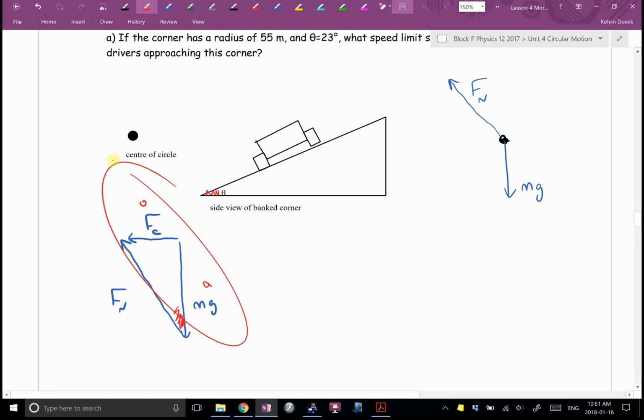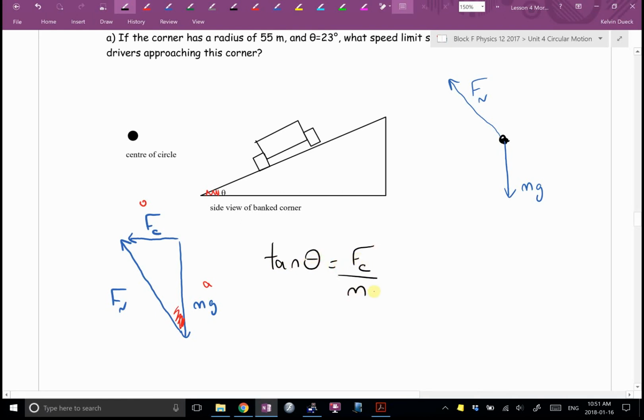Which trig function? Good. So I get this. Tan theta equals FC over mg. What do you think I want to get by itself in this situation? Yeah, how?